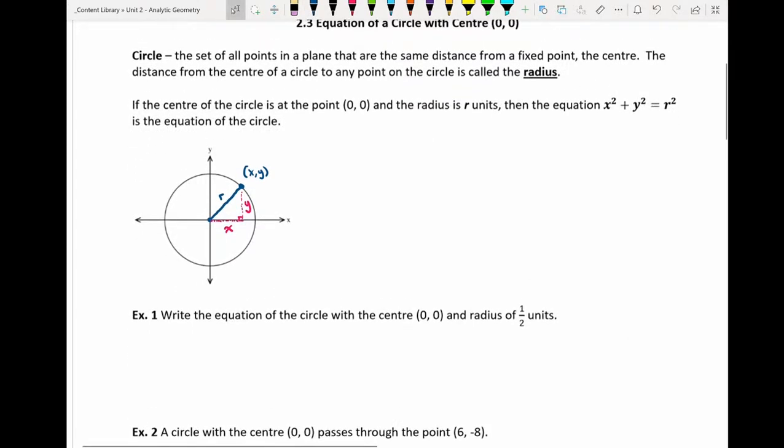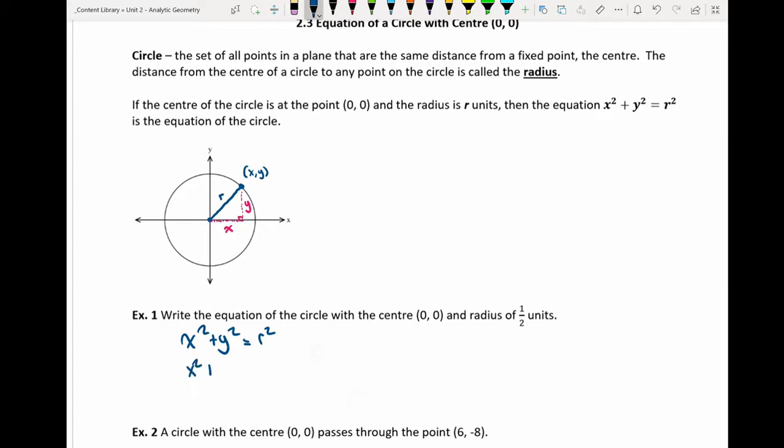In example 1, write the equation of the circle with center (0, 0) and a radius of 1/2 unit. I have my formula for such a circle: x squared plus y squared equals r squared. But instead of r squared, I know what the radius is.